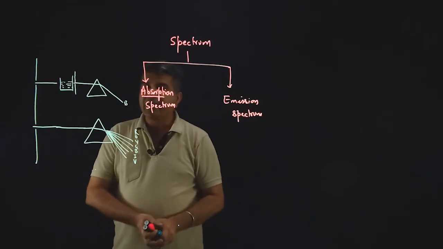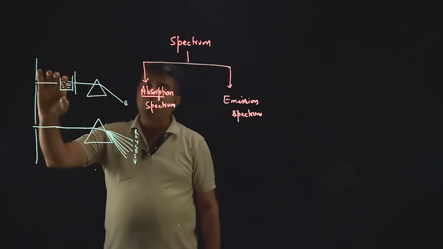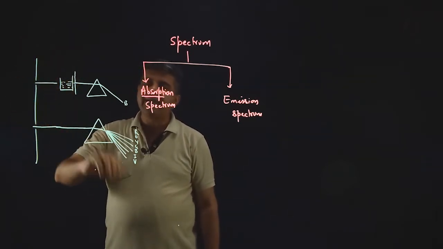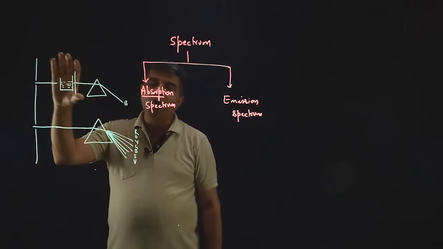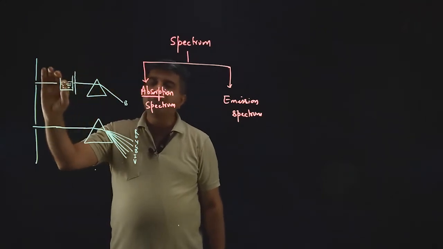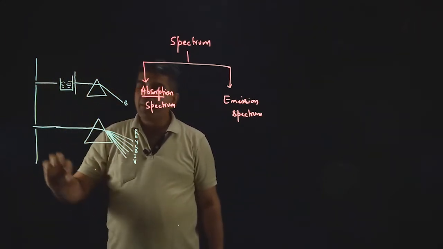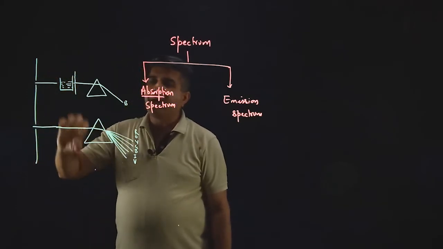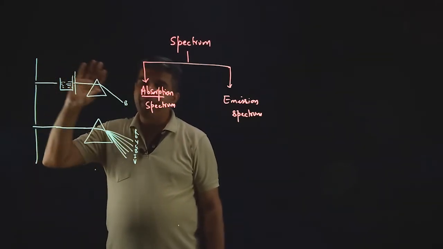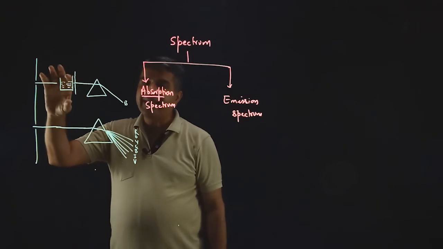That is, the copper sulfate solution is absorbing all the available lights, that is violet, indigo, green, yellow, orange, red. All lights are absorbed and only blue is transmitted out. Suppose if I change this solution to ferrous sulfate solution, it would be green in color.